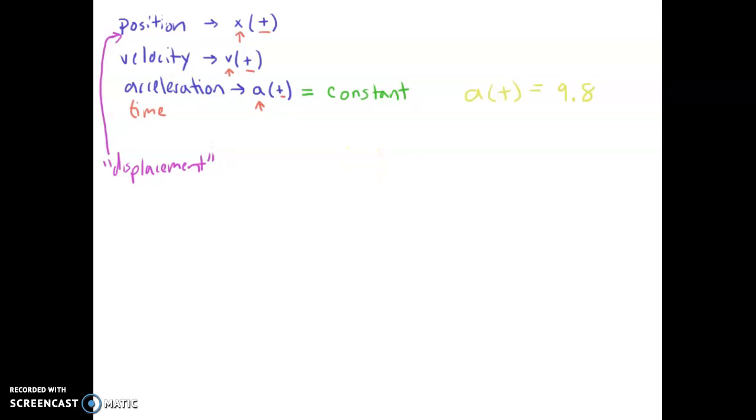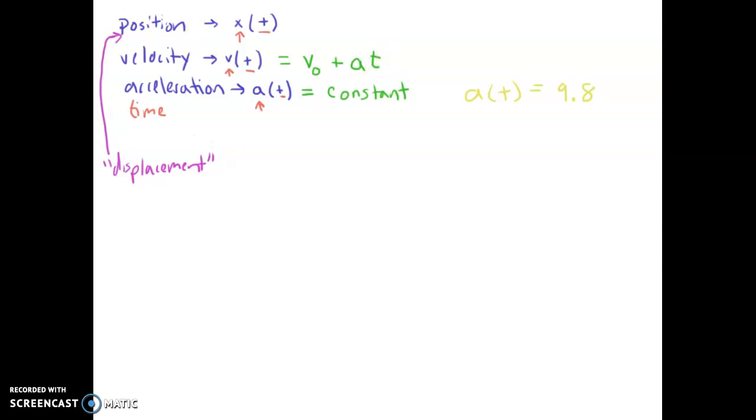Okay, velocity. The equation for velocity looks like your initial v naught, or your initial velocity, plus at.